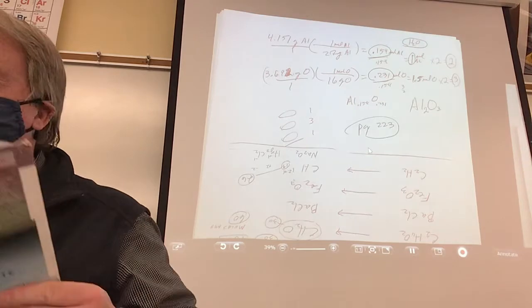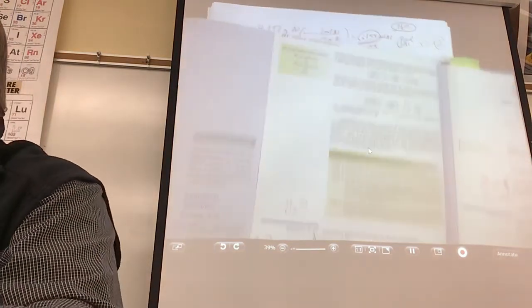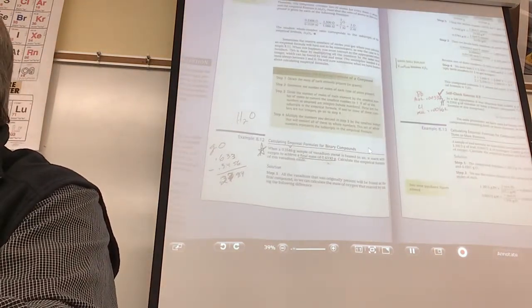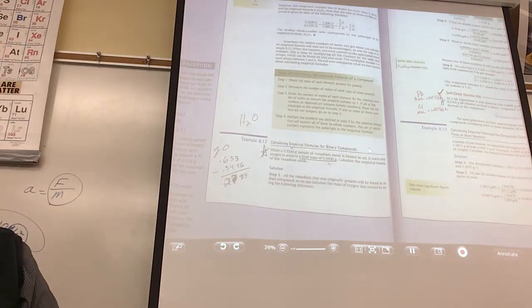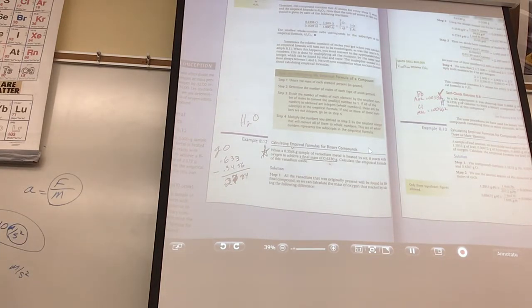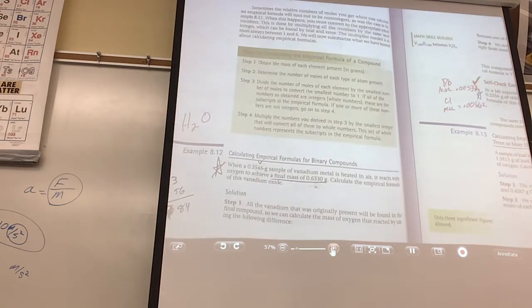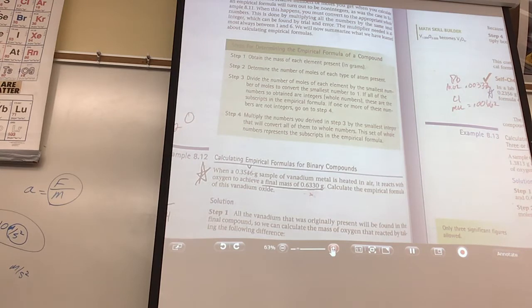Okay, this is a little bit trickier. See if you can see this one. Now, I love these questions because they're in the book. And if you want to go home tonight and say, I think I'm going to try that because that's the only thing I don't know how to do. Does everybody see this problem down here? When a 0.3546 gram sample of vanadium metal is heated in air, it reacts with oxygen to achieve a final mass of 0.6330.